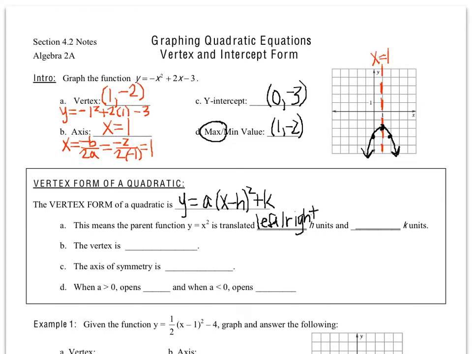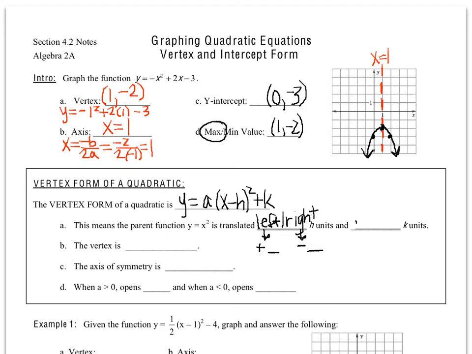Okay, notice where h is right here. It's going to go in the opposite of what you would think. So if it's minus a number, you're going to go to the right. If it's plus the number, you're going to go to the left. So we should probably put a little note. It goes left if it's plus a number, and it goes right if it's minus a number.